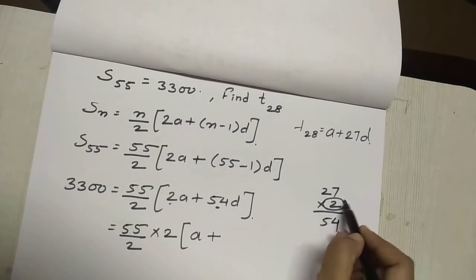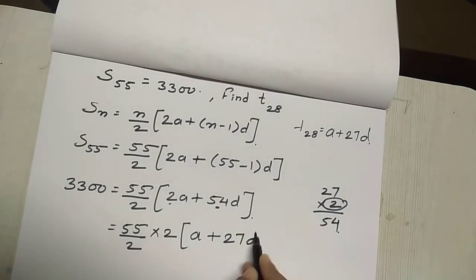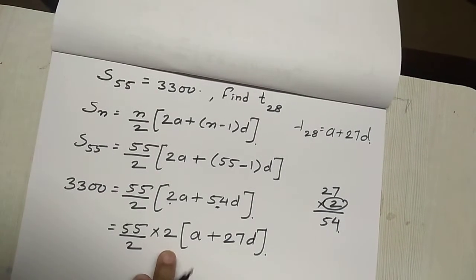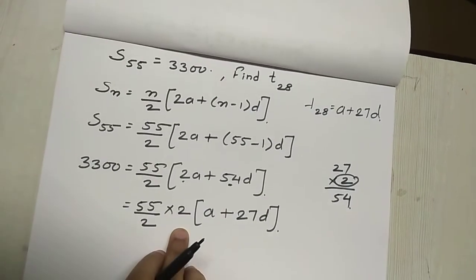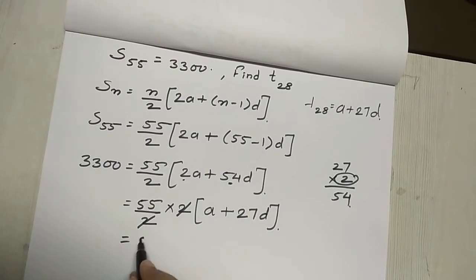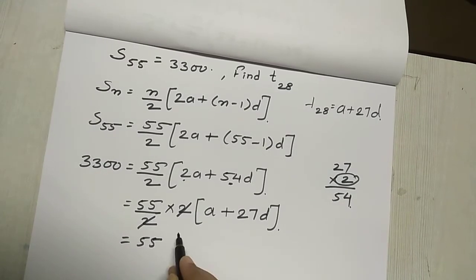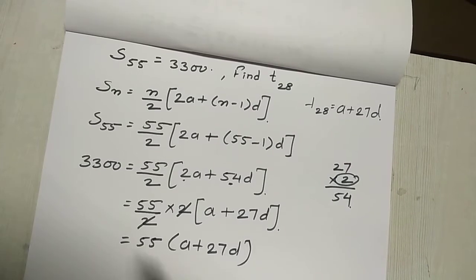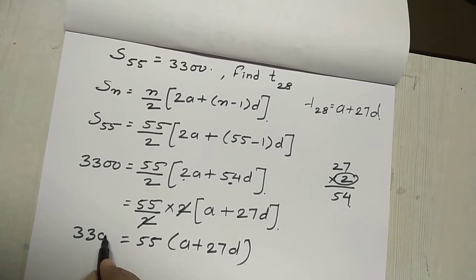So if 2 goes out, 27 remains inside, 27d. So we have taken 2 common. Okay, so the 2 and 2 cancel. We'll have 55 into (a plus 27d), which is equal to 3300.